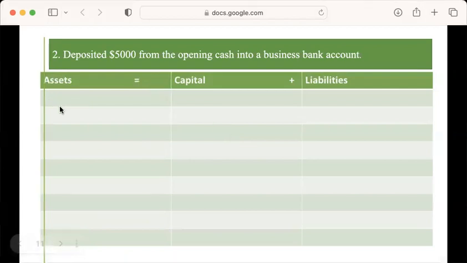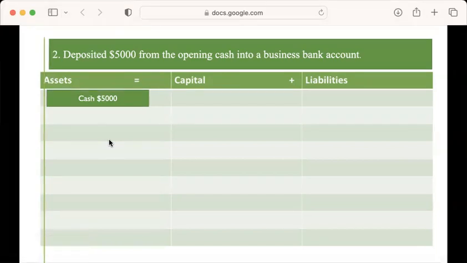So earlier there was an asset called cash, which was 10,000, but out of that 10,000, 5,000 leaves to the bank. So now cash in hand decreases from 10,000 to 5,000, and the balance 5,000 is deposited into the bank.